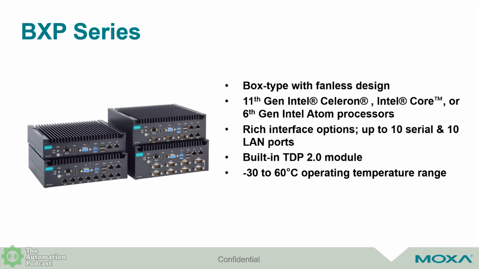We have 4 digital inputs and 4 digital outputs. We have a dual storage design that includes CFast and SD slots for easy storage expansion. With compute comes security challenges as well, so we have a built-in TPM 2.0 module that secures the platform from any unauthorized access.